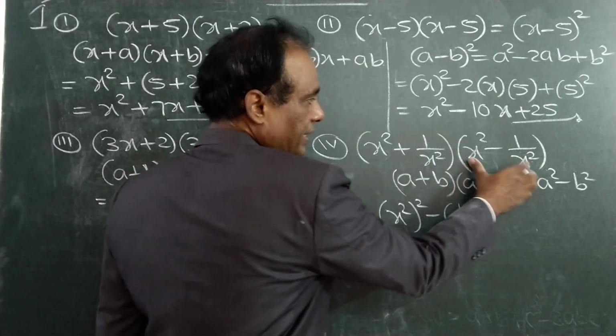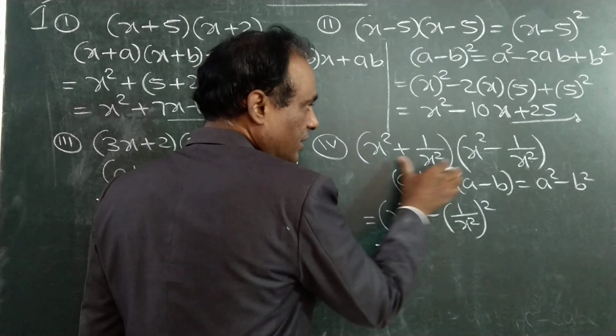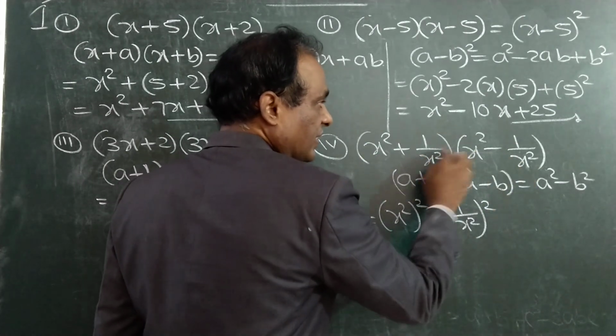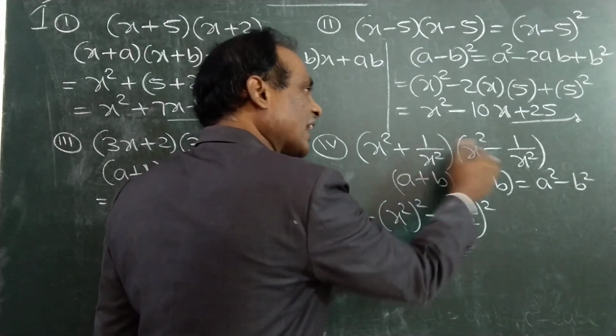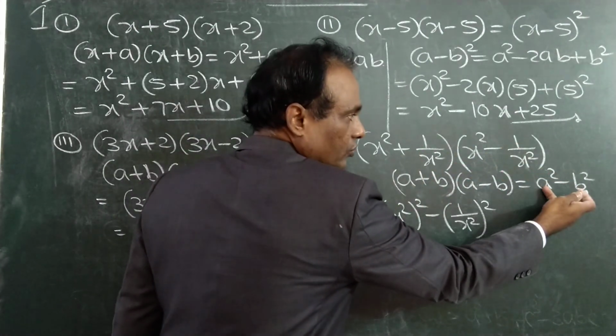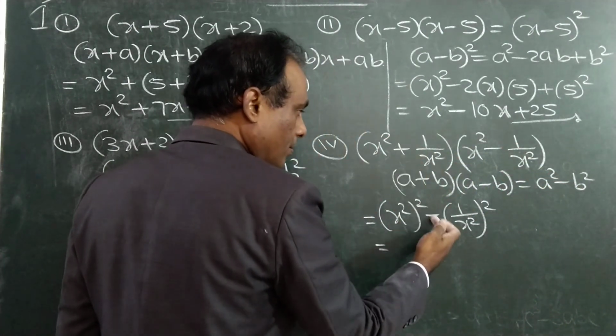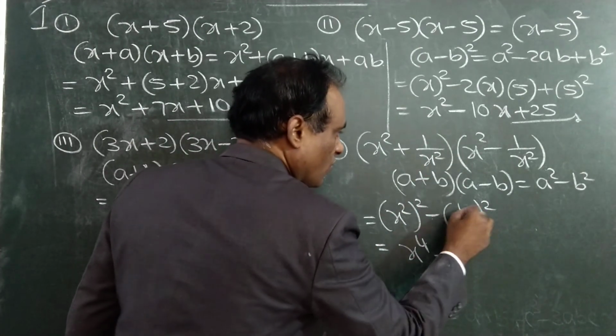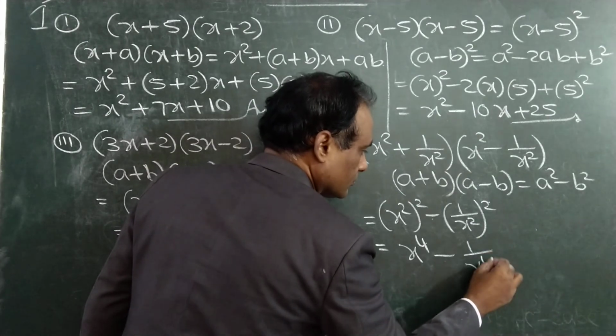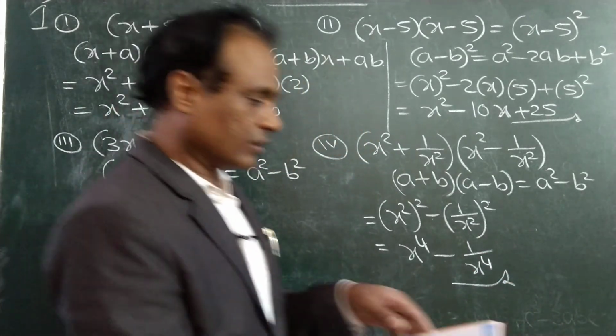Same terms are repeated. This is plus, this is minus. Same terms are repeated with plus and minus when it is in the product form. Means compare with this formula. So without actual multiplication, directly we can use the formula a square minus b square. 1 square is 1. Over.